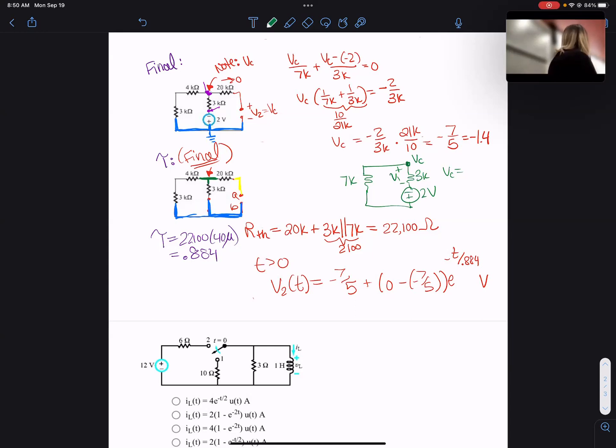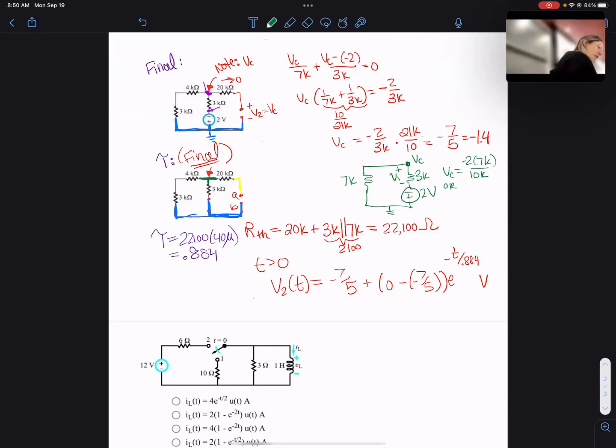Whereas across the 7K is all the way to ground. So we can do it both ways. This would be -2 times 7K over 10K, which gives you -7/5.